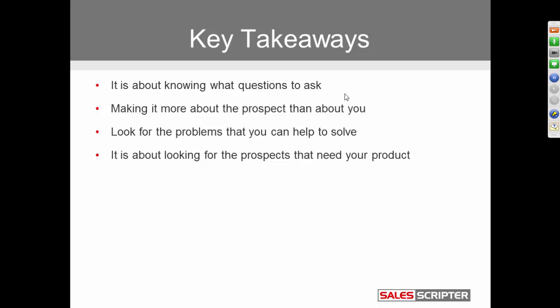Look for the problems that you help to resolve or solve. So that gets to understanding the pain points that your products help to fix, and it could just be one set of pain points that you keep in mind for everybody. If you want to get sophisticated, knowing that the different buyers that you're going to cross paths with, whether those are different industries, different size of companies, it could be different individuals at a company.